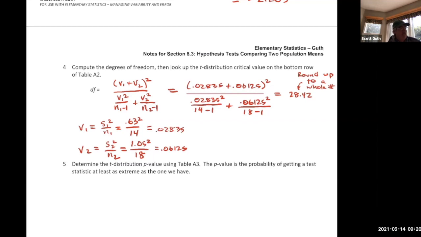And we don't want it to be easier to reject the null hypothesis. We want it to be hard. So that's basically the gist of this. So we're going to round this to 29. So degrees of freedom is 29. Okay, so that's it.